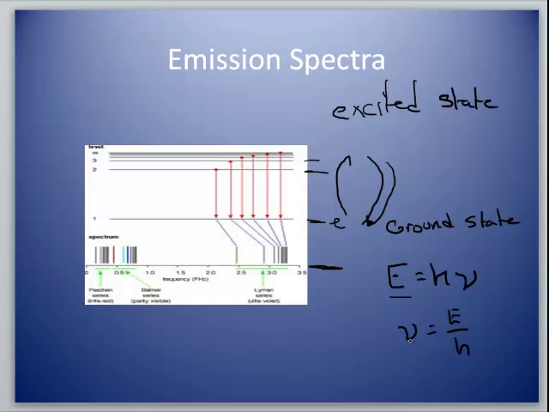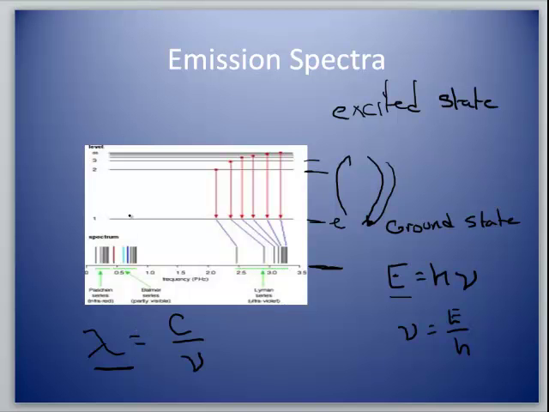Once we know the frequency of that light, we can then calculate wavelength, because we know that wavelength is equal to c over nu. That wavelength of light we can then apply to the electromagnetic spectrum, like we talked about in the first vodcast, and we can see what color of light the electron emits.